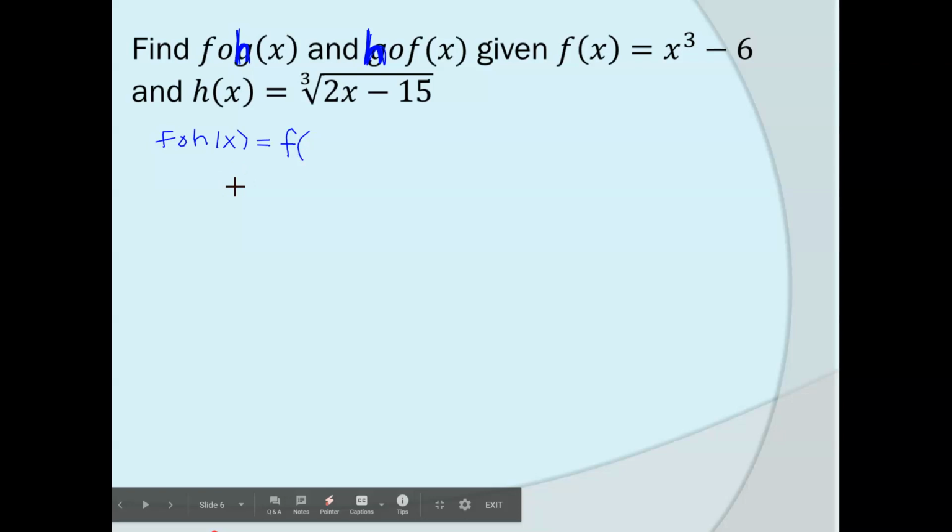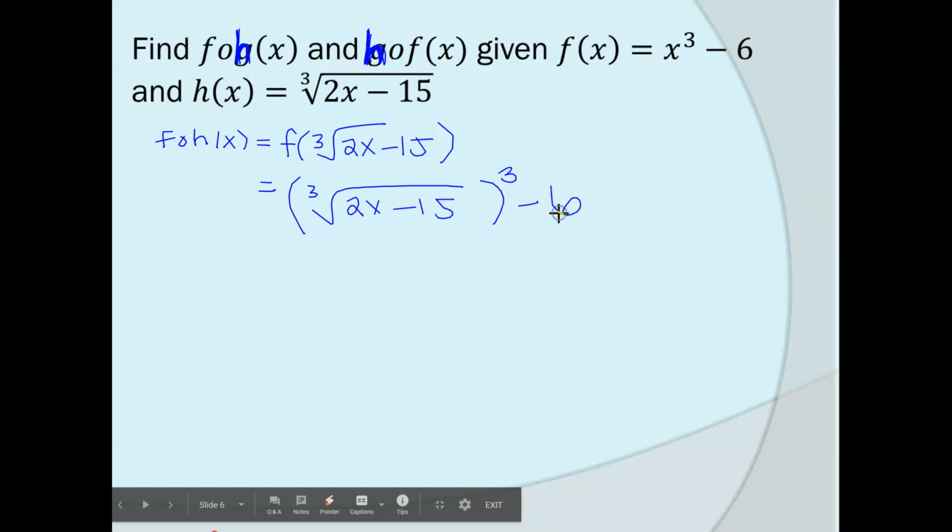So that's kind of like saying f of the cube root of 2x minus 15, which is like saying the cube root of 2x minus 15 cubed minus 6. But the cube root and a cube cancel, so you get left with 2x minus 15 minus 6. Combine like terms, and we get 2x minus 21.